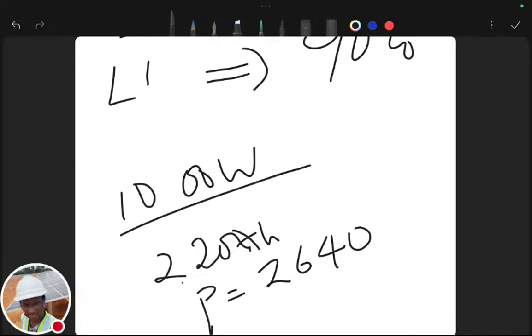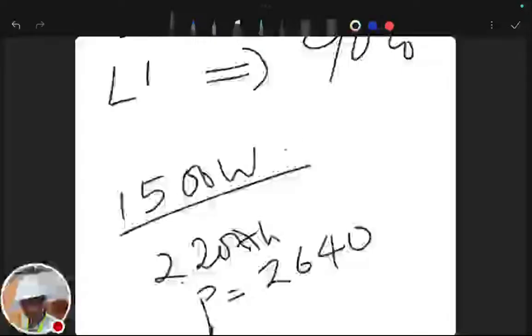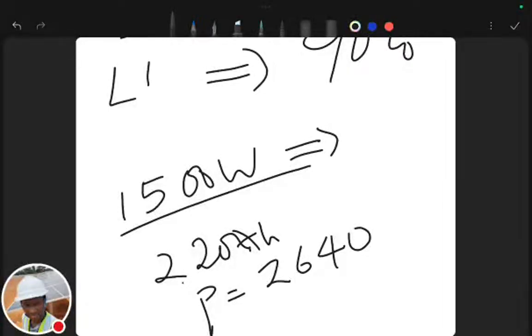Okay, sorry. Let's assume the person needs 1,500 watts. Usually, when the power is like this, the person is probably using AC. A 1 horsepower AC will probably take about 1,000 watts. So let's assume the customer wants to power a load of 1,500 watts.